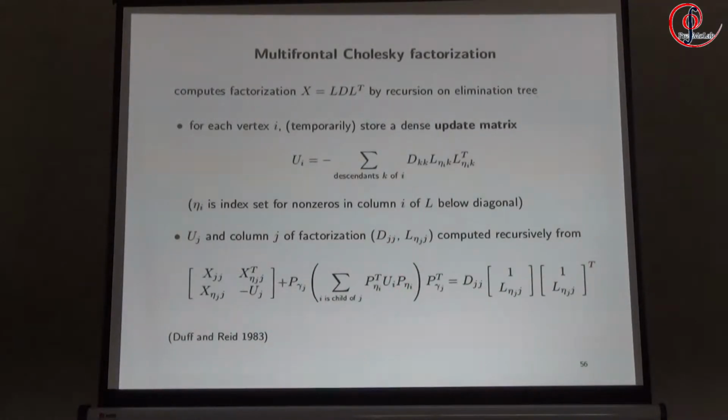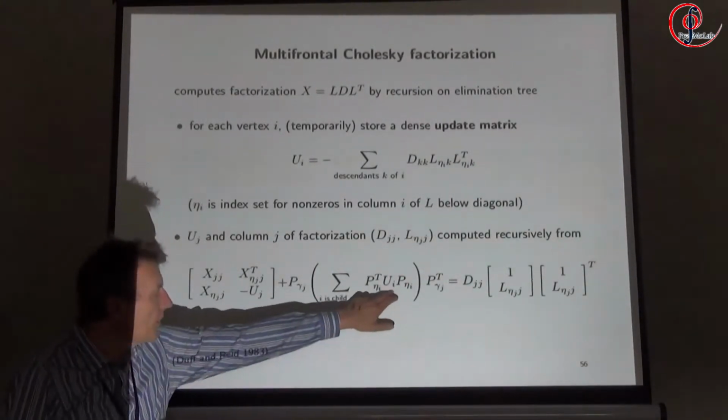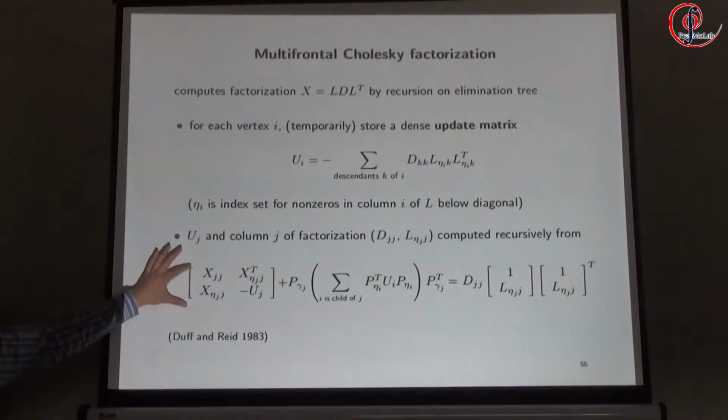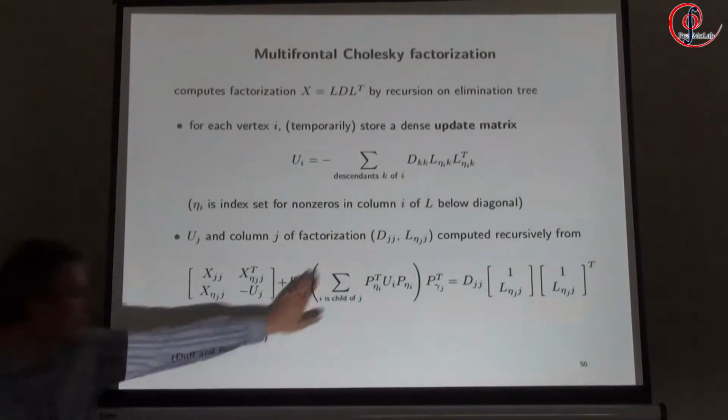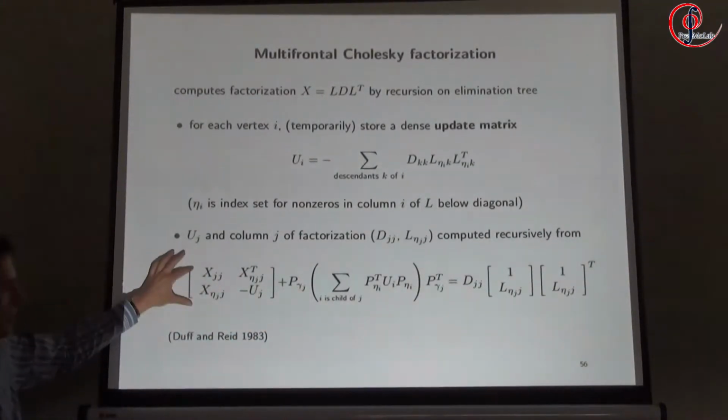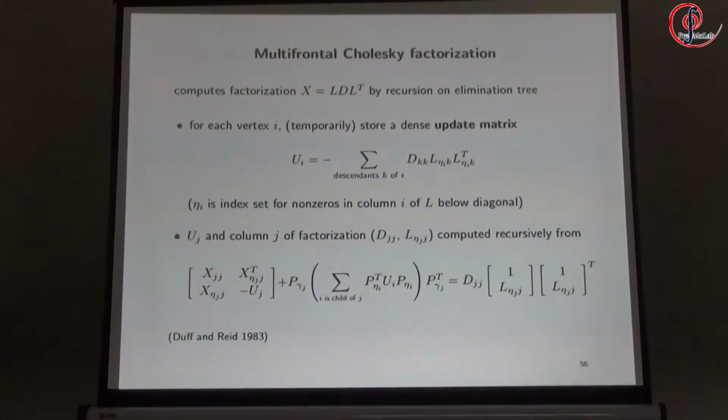These operations just copy the update matrices of the children of vertex J to the correct position in this submatrix, because they refer to different indices in the n by n original matrix. We do that by copying first to an n by n matrix in the correct position, and then from that matrix we extract this submatrix. The notation gets a little complicated because of indexing, but that doesn't really matter, because this is a matrix that you can compute if you know the update matrices of the children of J. Then you also know from X this part of column J and row J.